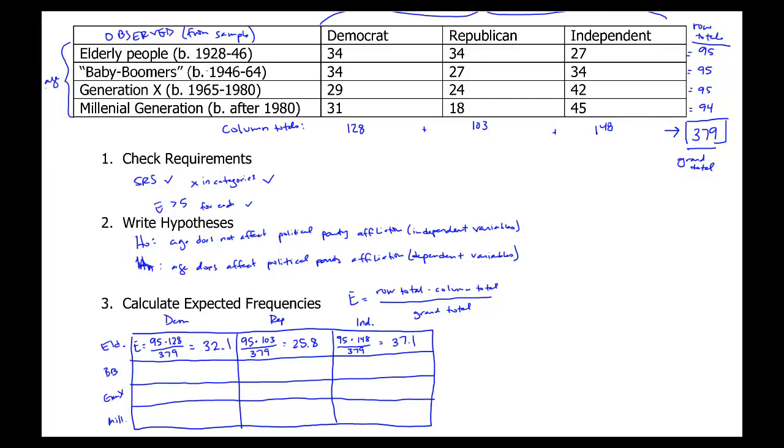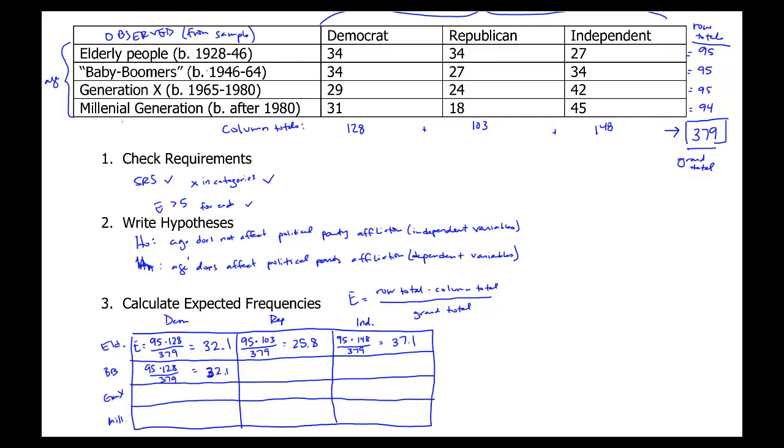Okay. So continuing on with the expected value calculations, we have now in the baby boomers row, the totals 95, column 128, 379.